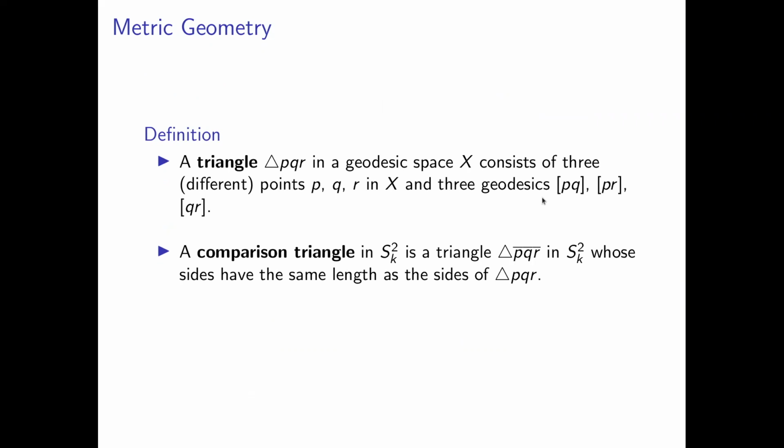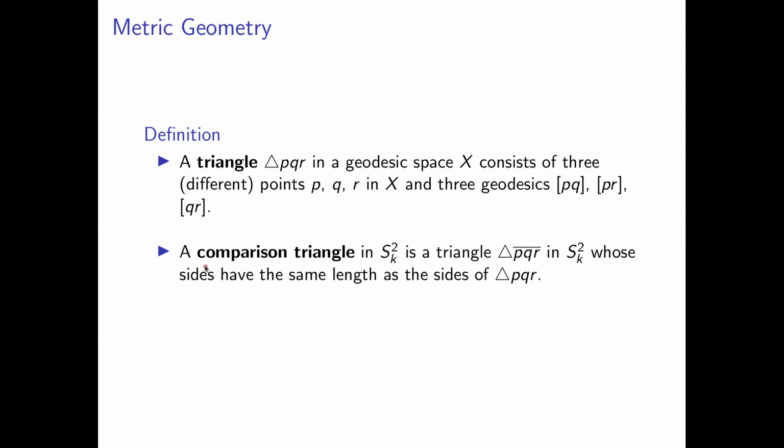Okay, so what is a triangle in a geodesic space? You take 3 points P, Q, R, and then you take 3 geodesics, so 3 shortest curves joining them. So this is a geodesic joining P and Q, and this is PR, and a geodesic joining Q and R. Now you have this triangle in the geodesic space, and you want to compare it with a triangle in the model space with constant curvature k.